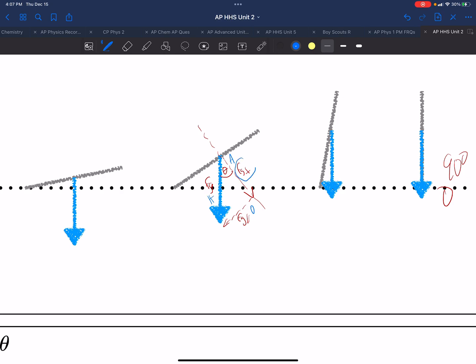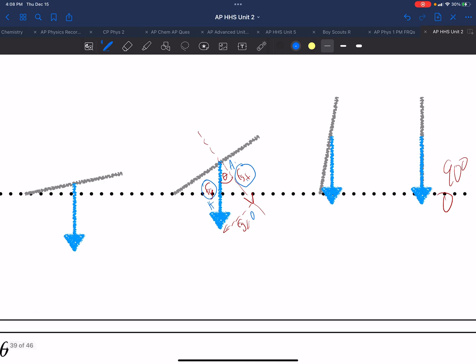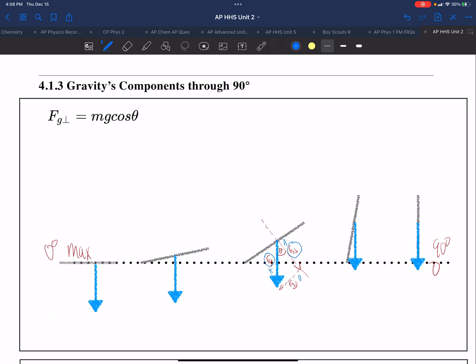So since we're looking for perpendicular, and we usually will know gravity, we would express this in terms of perpendicular and gravity, or adjacent and hypotenuse, which is cosine. So we would start out by saying cosine of theta is the adjacent side, Fg perpendicular, over the weight, the force of gravity, Fg.